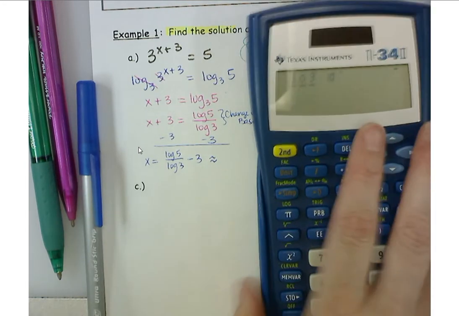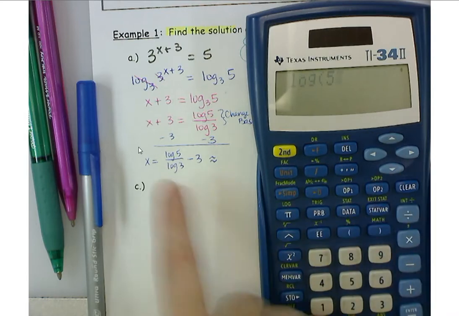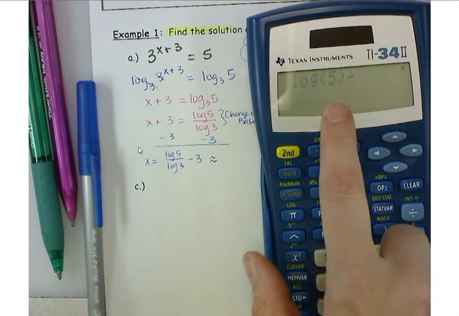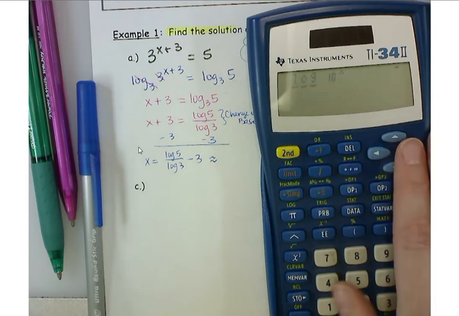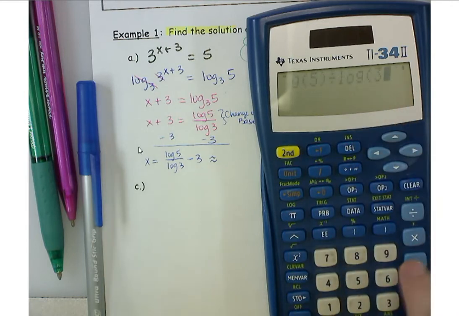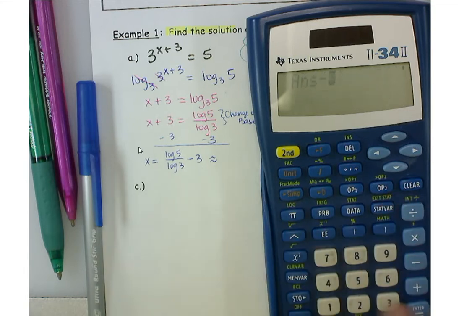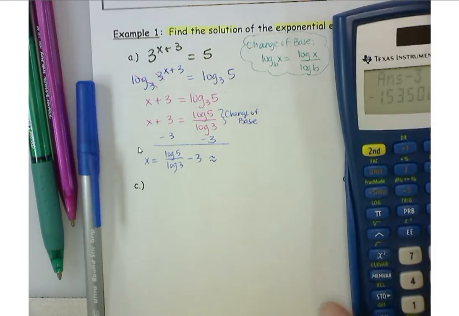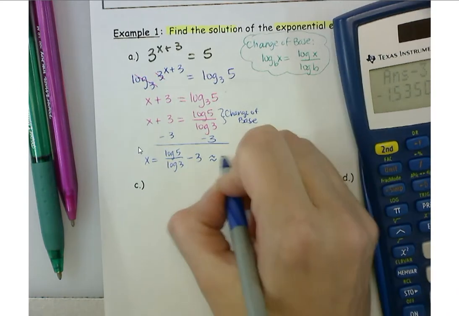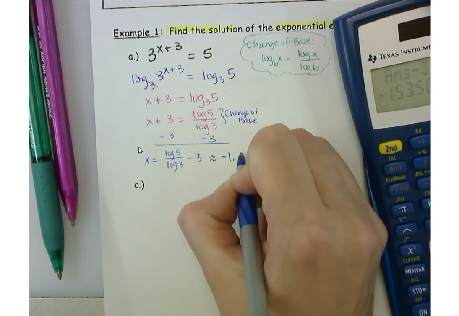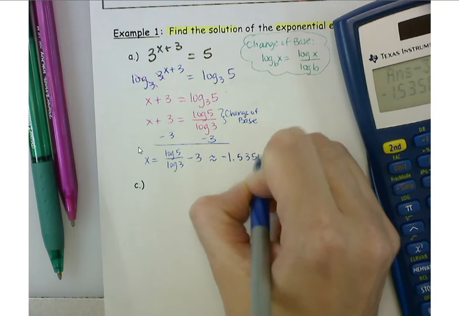So if you do the log of 5 divided by the log of 3, you have to make sure you close your parentheses. Okay, if not, you will not get the same answer. A lot of times I like to press enter and then subtract 3. And then you're going to use your normal rounding rules. So negative 1.5350 because you have a 2.